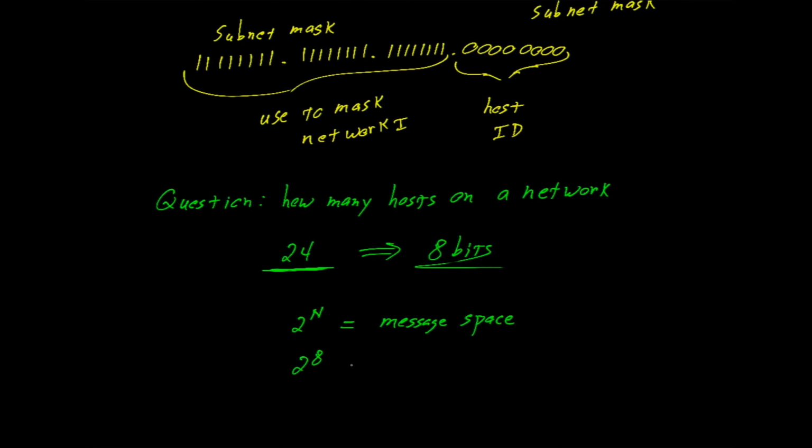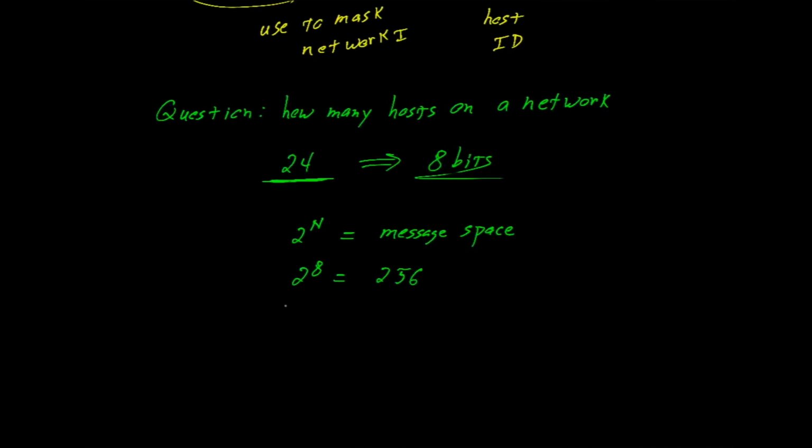In this case, 2 to the 8, which is 256 potential hosts. However, we do reserve .0 and .255, which means that there is a maximum number of hosts in a /24 network of 254.